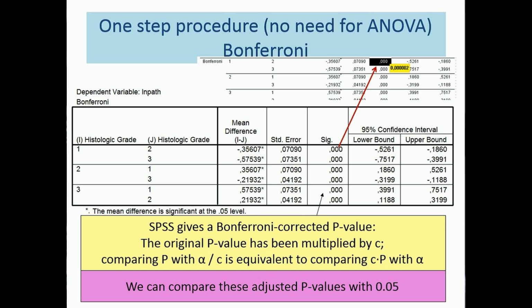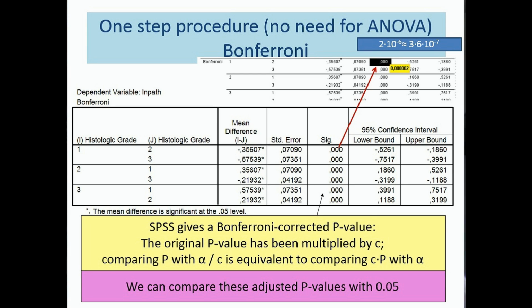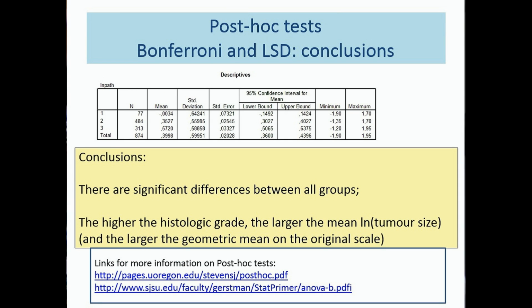Again, by double-clicking on a value, we can see that the p-value of this test was 2 times 10 to the power minus 6. And indeed, this is almost 3 times the p-value we observed before. To conclude, both the Anova followed by LSD and the Bonferroni procedure conclude there are significant differences between all groups.